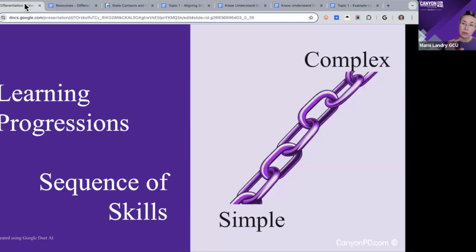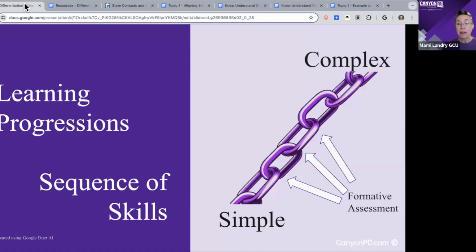These skills must be linked together, and your direction is guided by formative assessment, meaning you guide the student to the knowledge, you teach them how to use that knowledge, and then you perform formative assessment to understand if they've accomplished that to move forward.